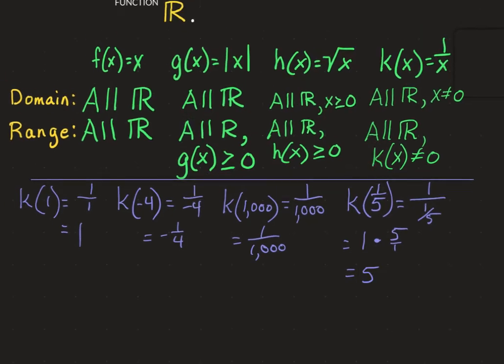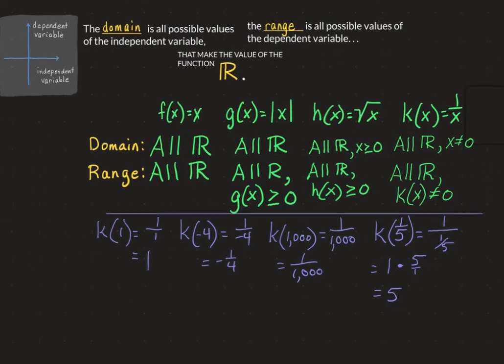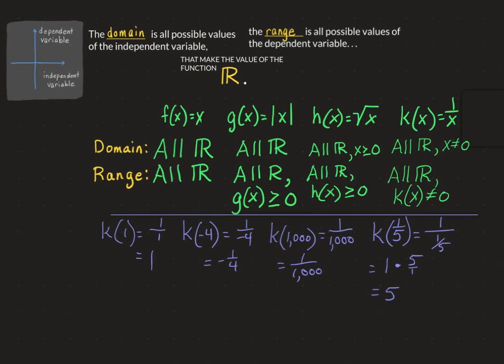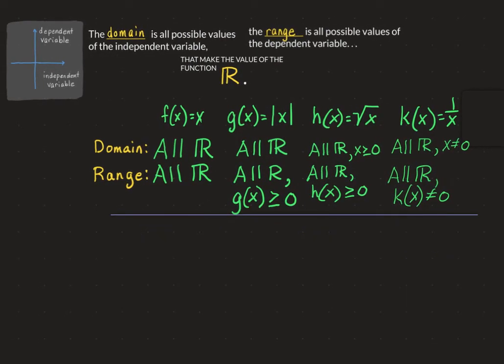Now let's look at our chart along with everything we've talked about so far about functions and domain and range. Considering our definitions and our analysis, there are two things we need to avoid.